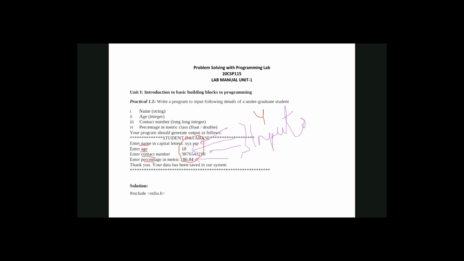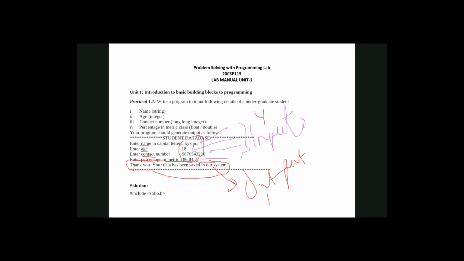Apart from these four data, I also want to output this message: thank you, your information is saved. This is also required. So four inputs data and one output message.